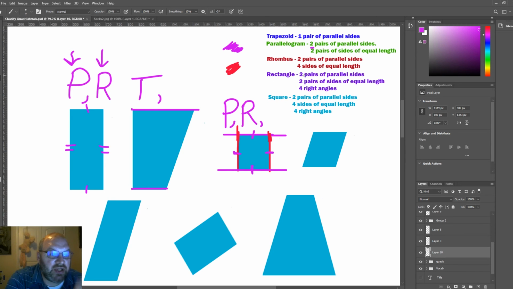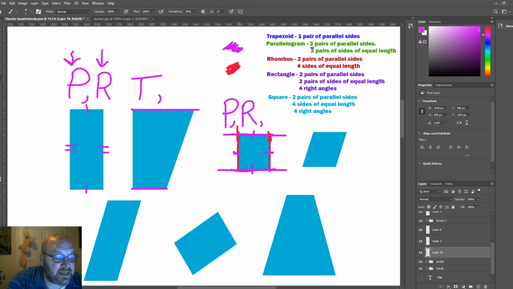A rectangle. Two pairs of parallel sides. Yeah, rectangle. We just said it has that. Two pairs of sides of equal length. Well, let's look at that. That's the same thing as a rhombus. That's one pair. Our purple is one pair, or our dog socks, two socks, one pair.